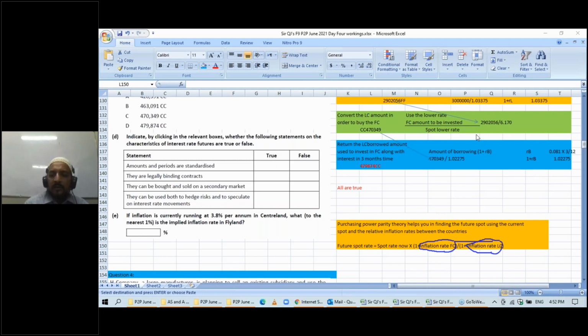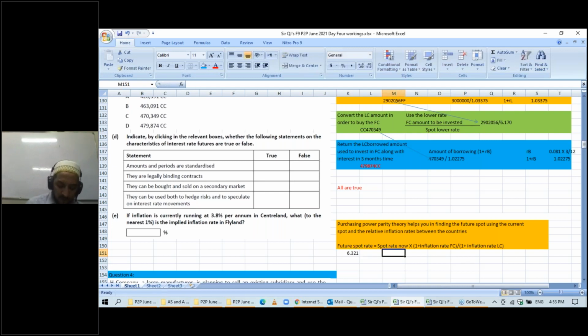So let me put in the figures. So we do have the future rate. Instead of future rate, we will be using the forward rate, as we do not have a future rate in this question. So we'll use the forward rate 6.321 is equal to the spot rate.